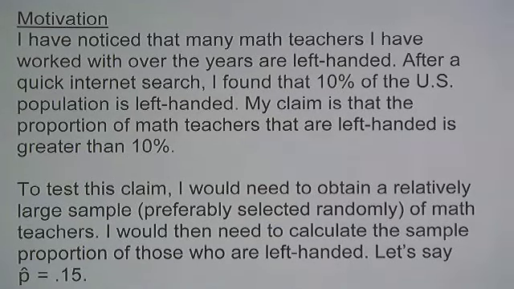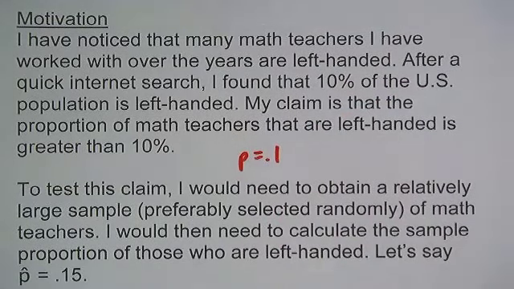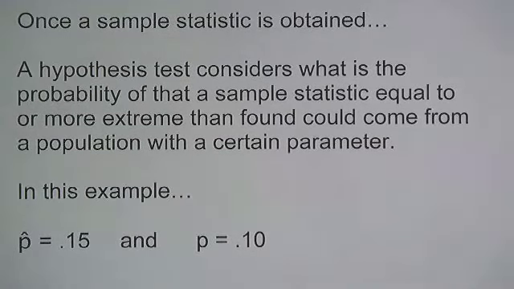Okay, so I know that the population proportion is p equals 0.10. And let's say that I did take a large sample of randomly selected math teachers, and I found that the sample proportion was 0.15. Now that you've obtained a sample statistic, a hypothesis test considers what is the probability that a sample statistic equal to or more extreme than found could come from a population with a certain parameter.